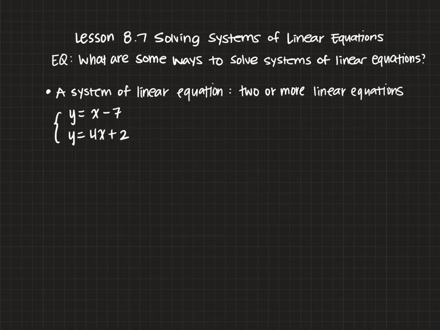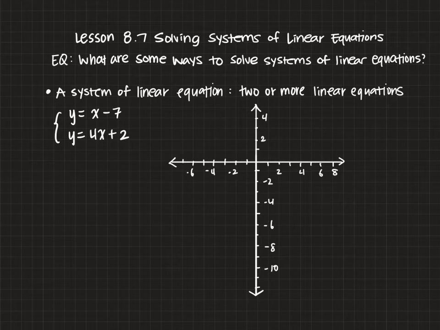First, I'm going to use the slope-intercept form to graph my two different graphs on the same plane. And then once I graph those two equations, I am going to find the point where the two meet up. So I'm going to go ahead and graph it.